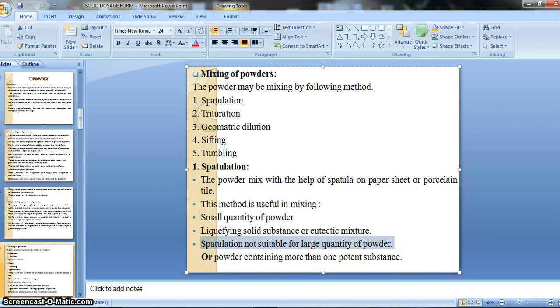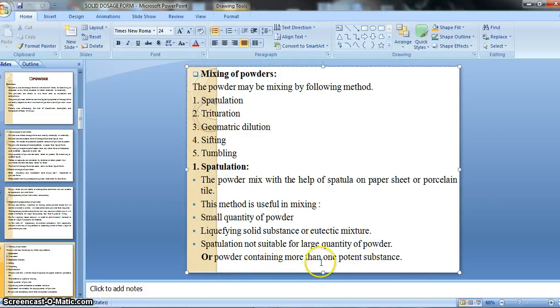When we need to prepare a large volume of powder, which is generally prepared at industry level, the spatulation method is not adopted.